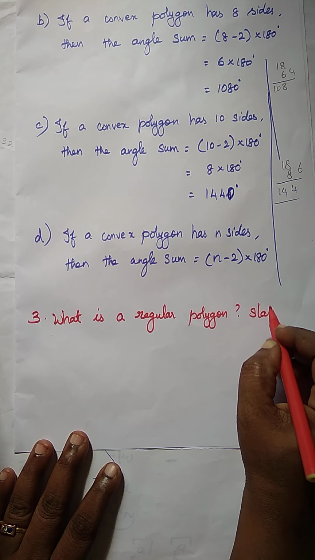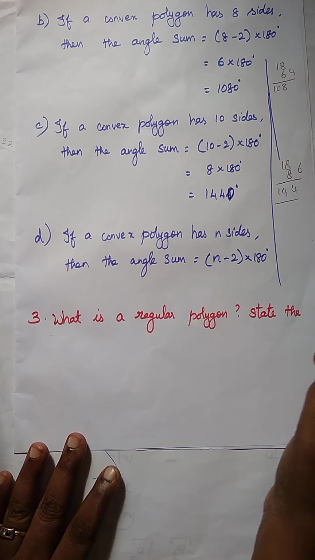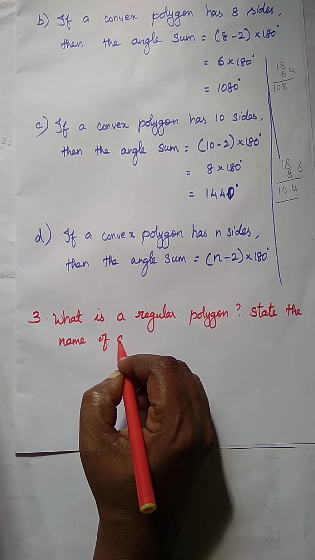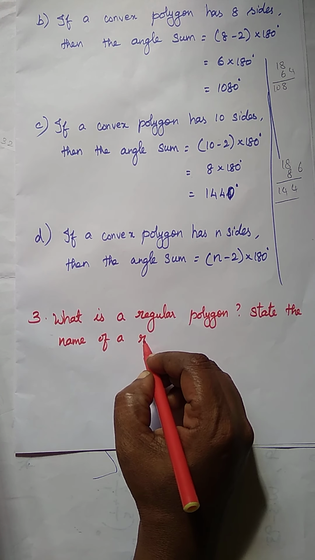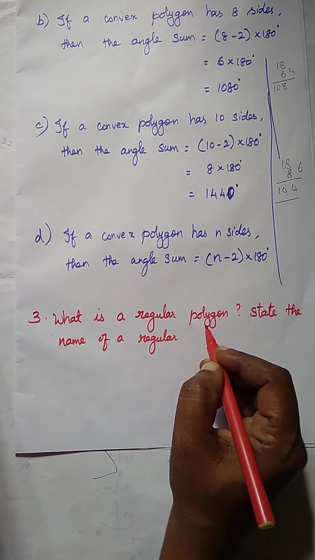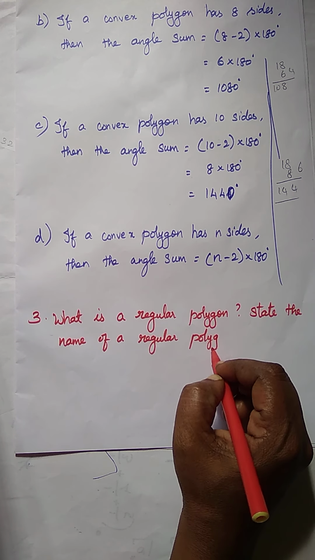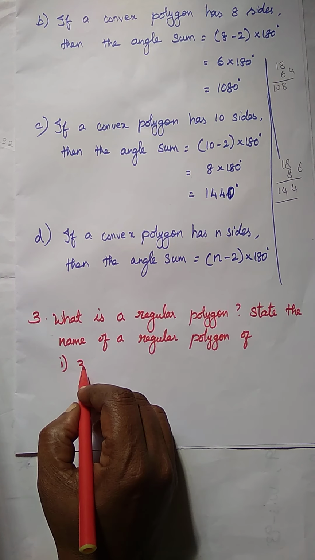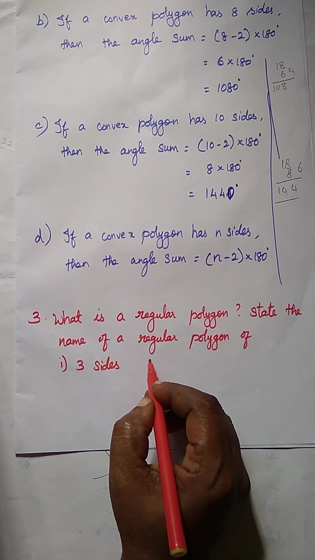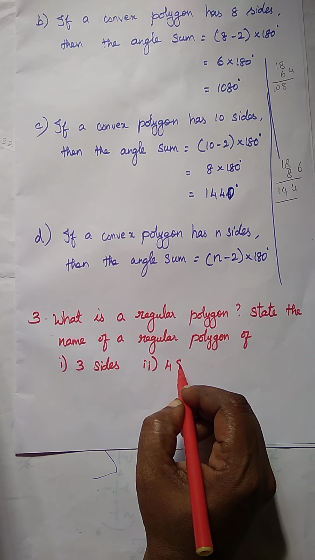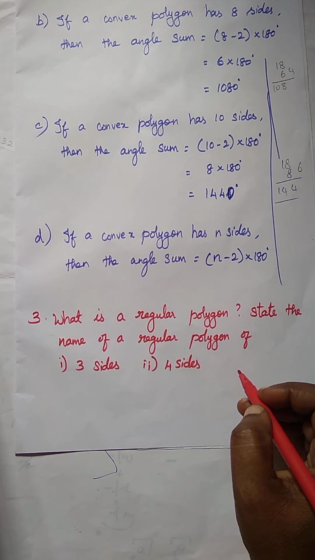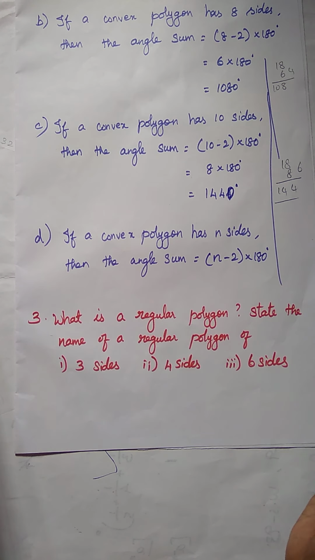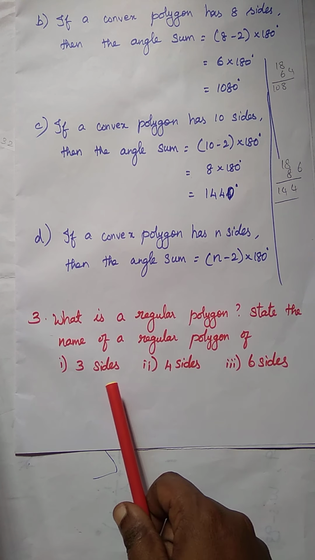State the name of a regular polygon of: first one is 3 sides, then 4 sides, next one 6 sides. So now we find the name of the regular polygon.